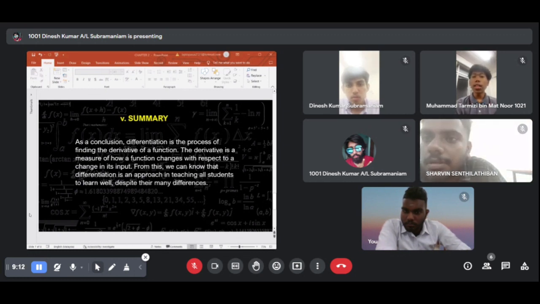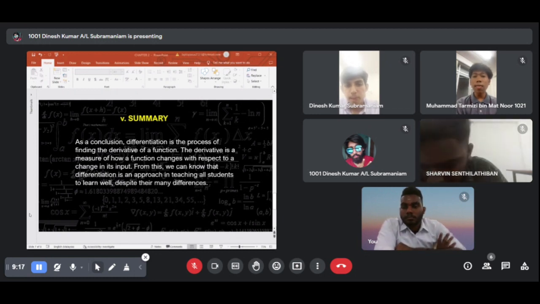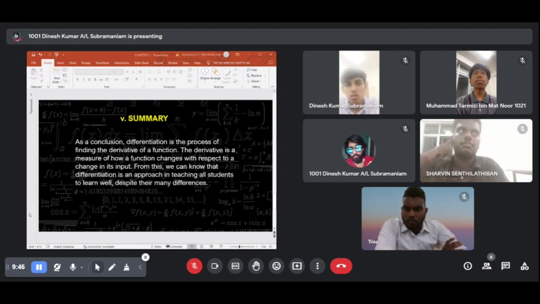As a conclusion, differentiation is the process of finding the derivative of a function, and the derivative is a measure of how a function changes with respect to a change in its input.